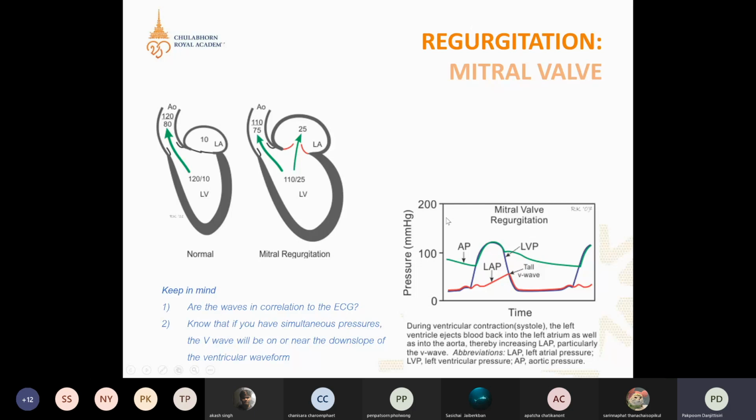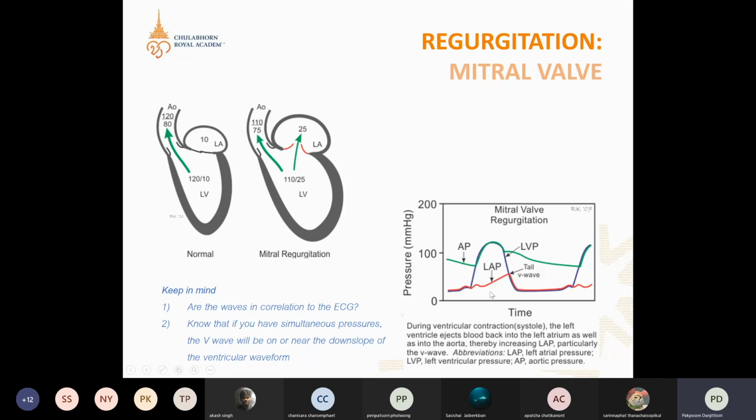Let's see about this one. We will be able to see the systolic phase, right? And you see the change of the left atrial pressure, the V wave of the LAP over here.